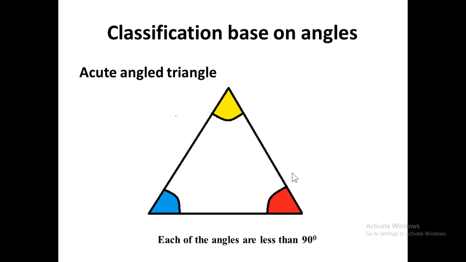If you look at all these angles, this one is less than 90, this is less than 90, this is less than 90. So this triangle can be called an acute angle triangle.